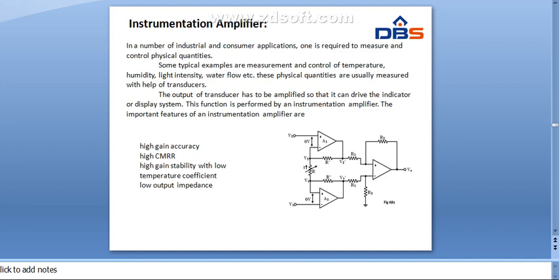Next feature is low power consumption. The power consumption of an instrumentation amplifier should be as low as possible. And next feature is high slew rate. The slew rate of this amplifier must be high, to provide maximum undistorted output voltage.